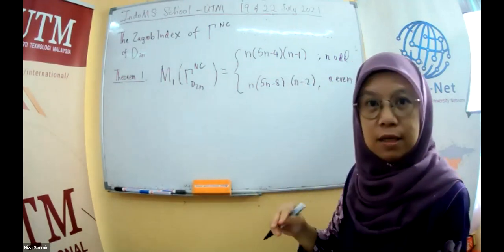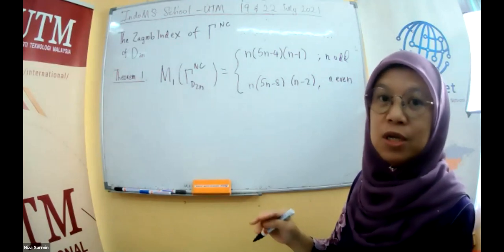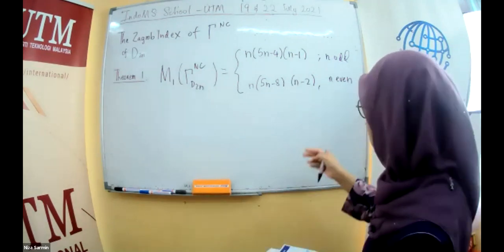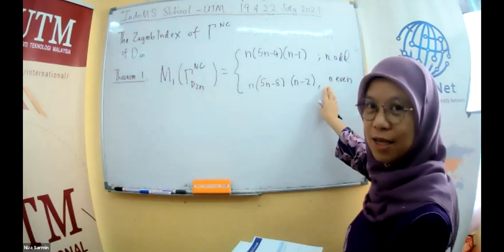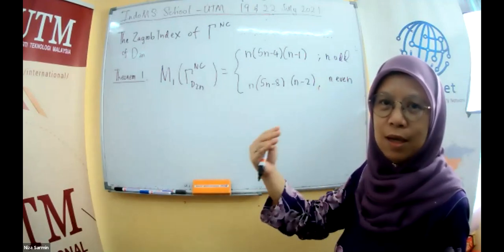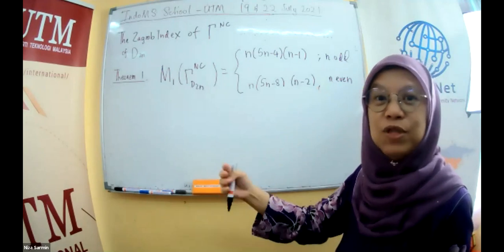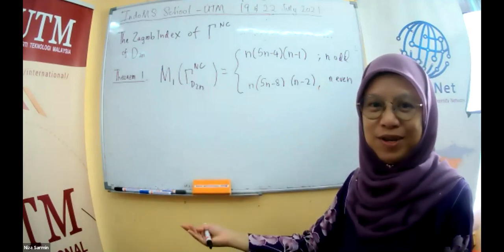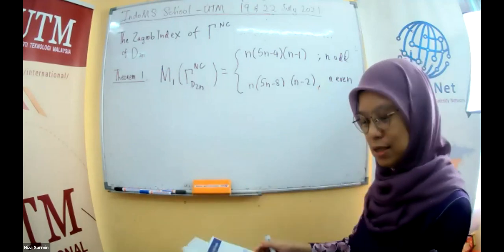You will see later when we have the conjugacy class graph, in which we have to break this into another two cases. Do you remember? The one when n over 2 is even and n over 2 is odd, right? So there are more cases for that one.